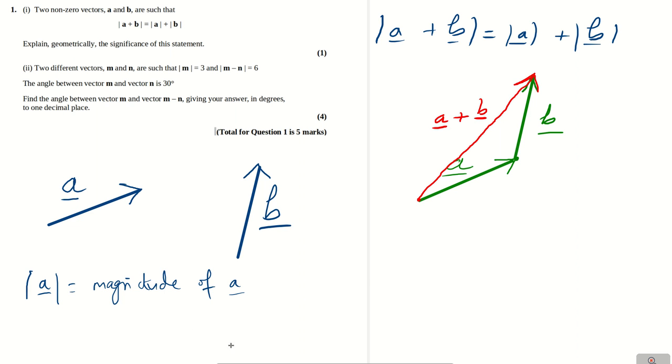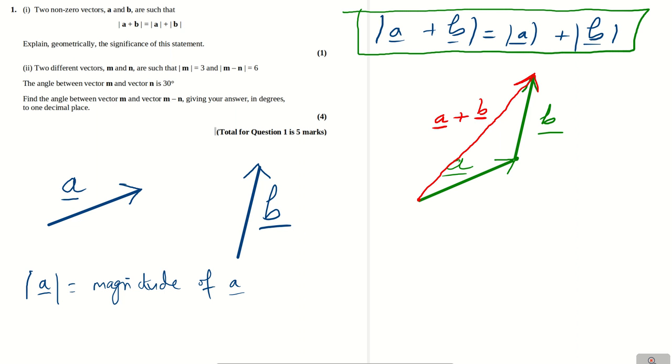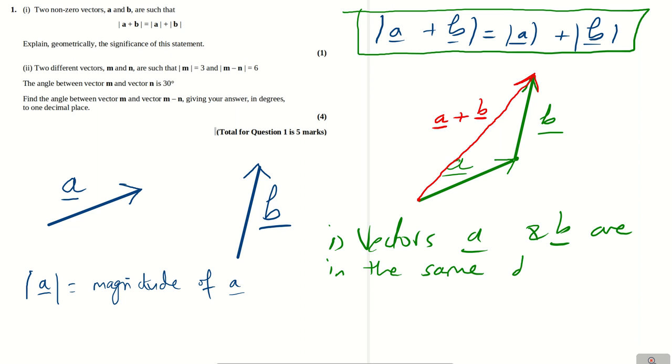However, this is a special case where the magnitude of A plus B is the same as the magnitude of A plus the magnitude of B, and the simple answer to part 1 is that the geometrical significance is that the vectors A and B are in the same direction.